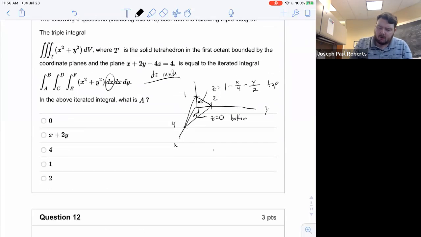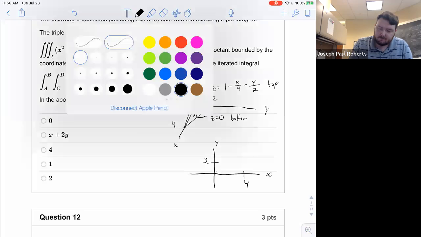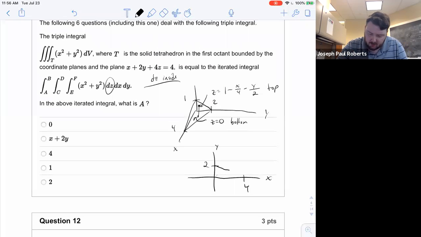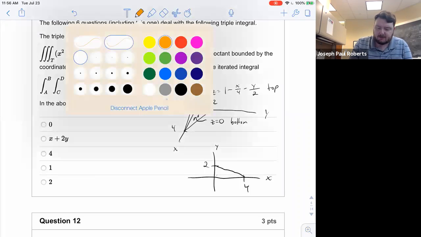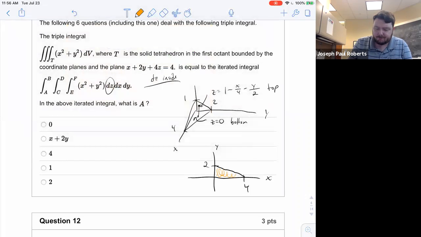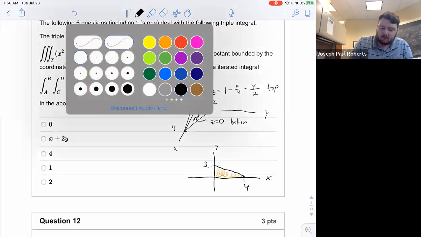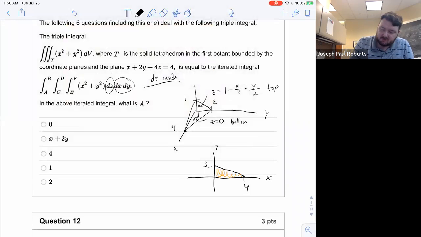And then, okay, our xy bounds are the shadow in the xy plane. So think about the shadow of this object. That's this triangle. And then it looks like we're given dx dy. So we have to figure out the left curve and the right curve. So the right curve is y equals 2 minus x over 2.